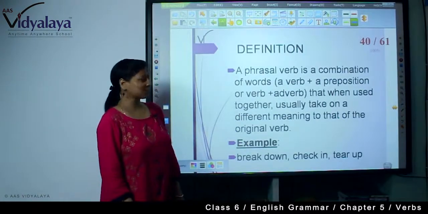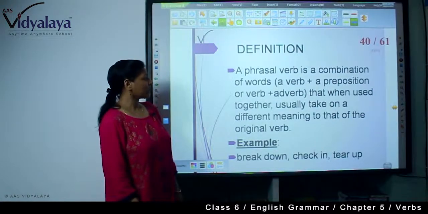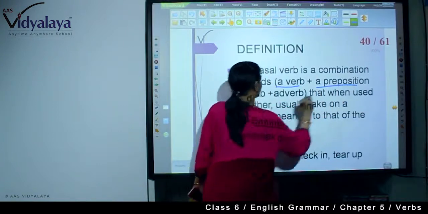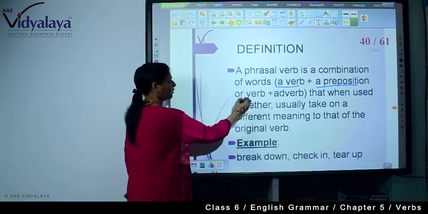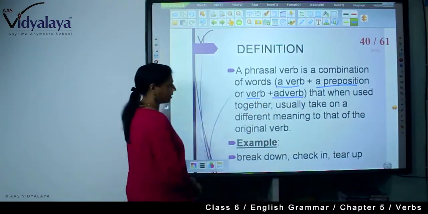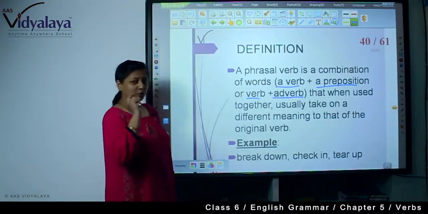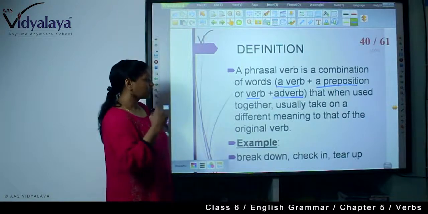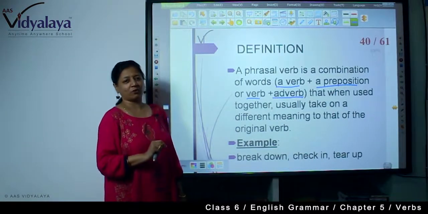Now, first the definition. A phrasal verb is a combination of words, a verb and preposition, or verb plus adverb, that when used together usually take on a different meaning to that of the original verb.